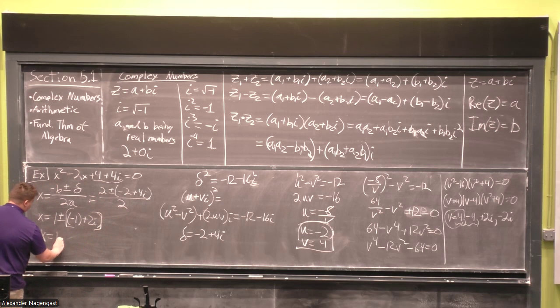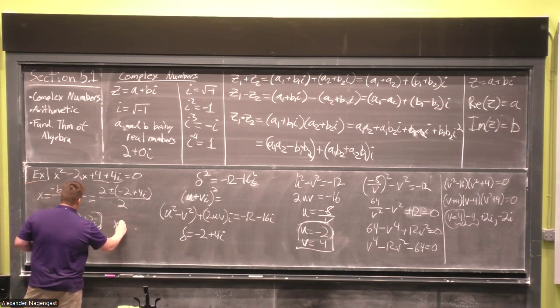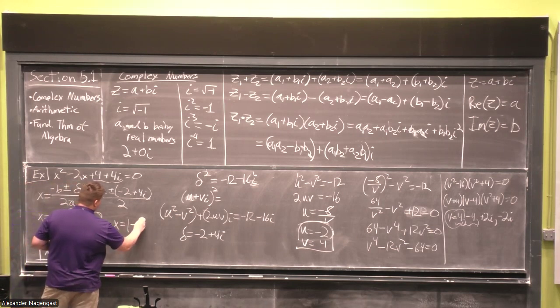So let's separate this out so we can clearly see it. x is equal to 1 plus negative 1 plus 2i. So x is equal to 2i. Or we have x is equal to 1 minus negative 1 plus 2i.